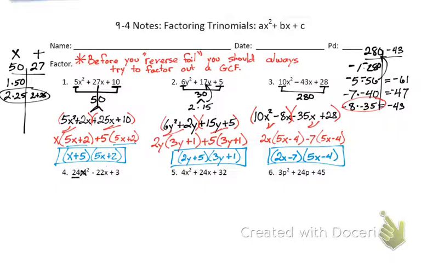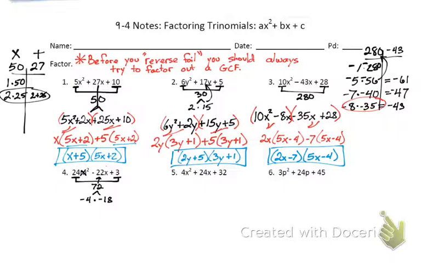So since there's no GCF, we're going to go back to our other method here of reverse foiling. So I'm going to take my 24 times my 3, and I'm going to get, what is that, 72. So now I'm going to try to find two numbers that multiply to make 72 and add to make negative 22. You might check a few things, and I find out that negative 4 and negative 18 is going to work. Negative 4 times negative 18 makes positive 72.